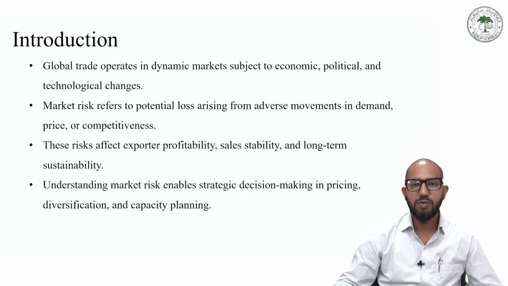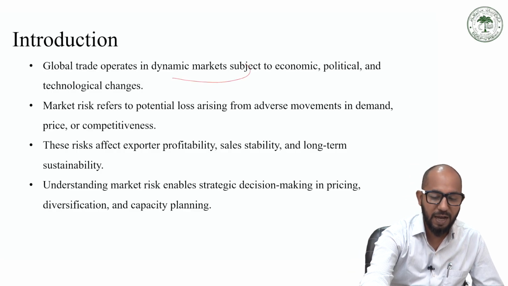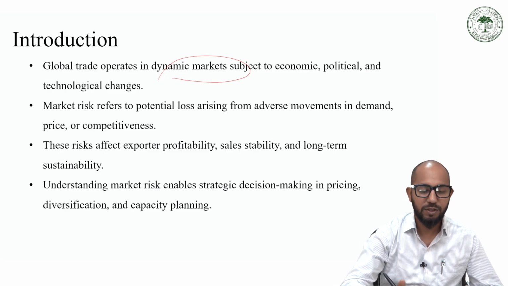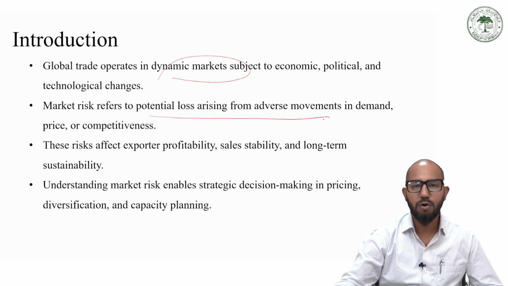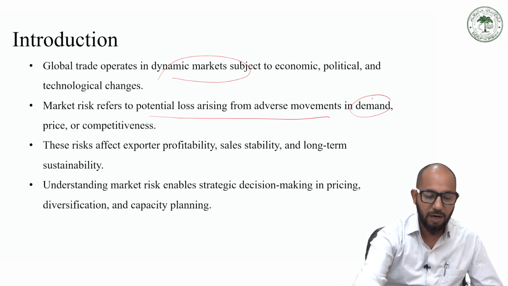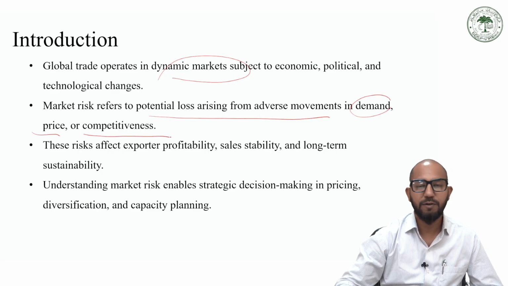At the very outset, it is very important for us to appreciate that global trade operates in a dynamic market subject to different types of changes such as economic, social, technological, government specific, etc. Market risk refers to potential losses arising due to adverse movement in demand, price and competitiveness.